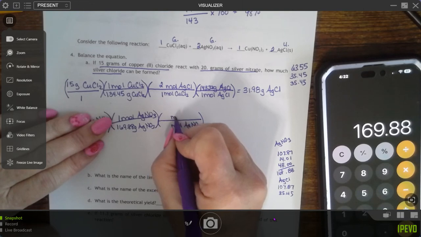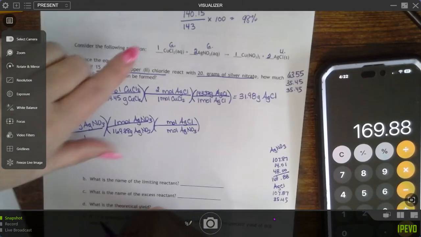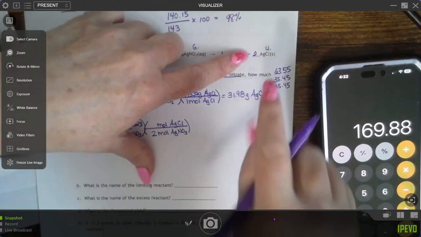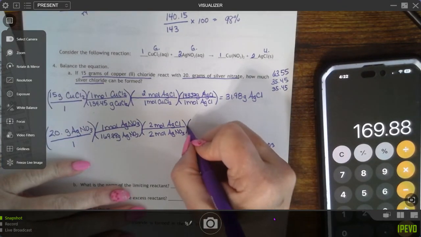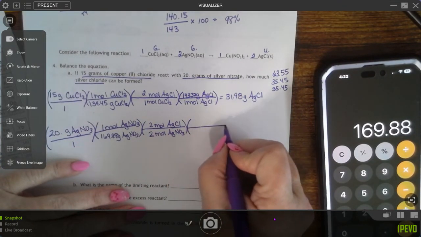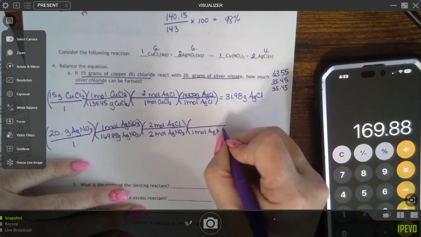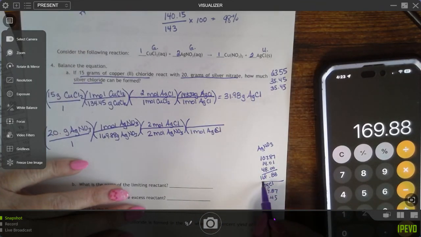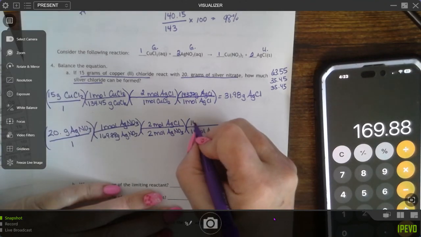So moles of silver nitrate on the bottom, moles of silver chloride on the top. If we look at our equation, we've got 2 moles of silver nitrate and 2 moles of silver chloride. And then finally, we have to convert from moles of silver chloride to grams of silver chloride. And that we already calculated down here, 143.32.